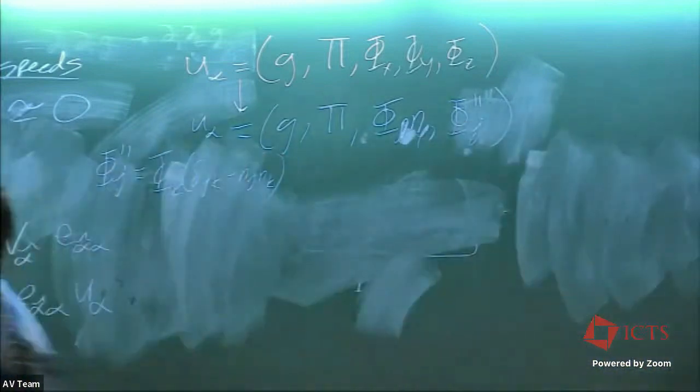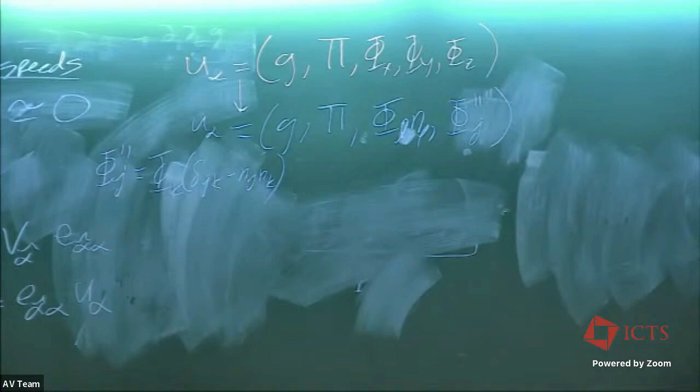What you would have to do to derive it is rewrite this phi k in terms of its normal part and its perpendicular part, and then plug that in for phi k everywhere.